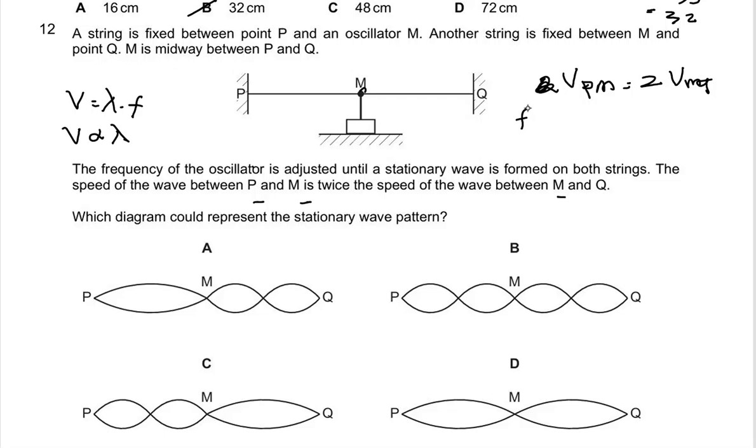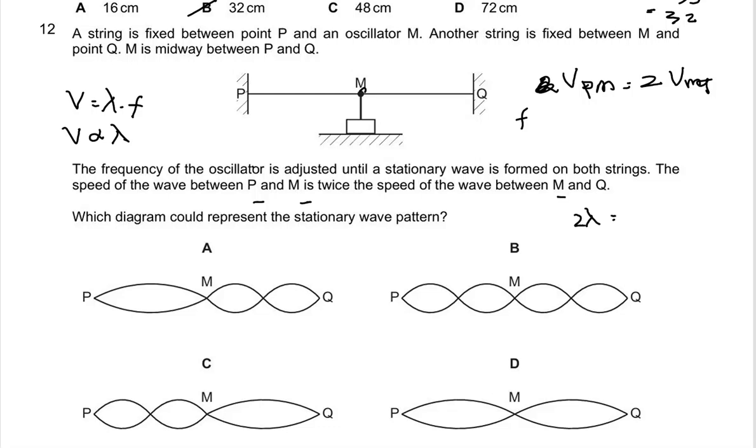Look at the picture here. Double wavelength means the wavelength is longer. P and M, the wavelength is longer. So in this length, it only creates half a wavelength. It means the wavelength of PM is longer than the wavelength of MQ, where in MQ it happens to be one wavelength.